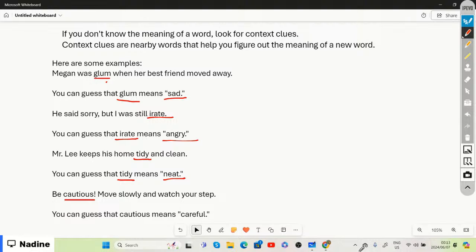So if we look at the sentences that we have made mention of, the way our sentence is constructed will give us an idea of what the meaning of that word is. And that is what we call context clues. We are finding clues within the context of that sentence.